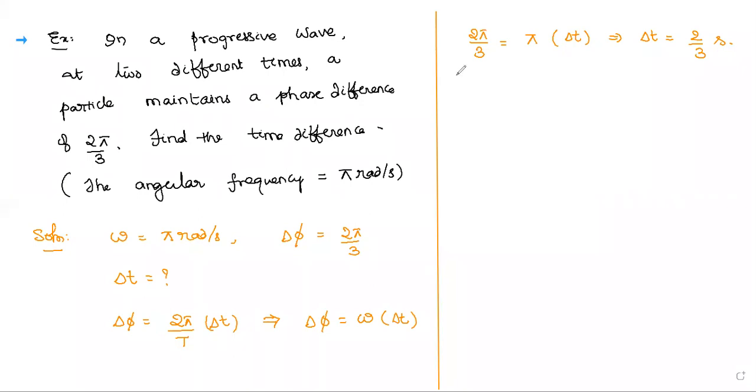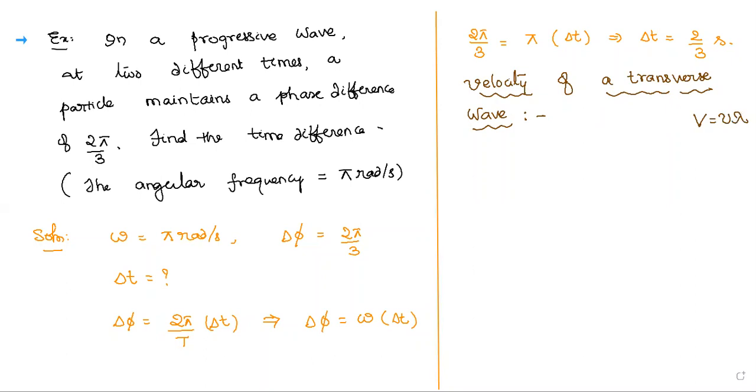How to find the velocity of a transverse wave. Velocity of a transverse wave means, irrespective of the nature of the wave, transverse or longitudinal, for any wave we can write v is equal to nu lambda.